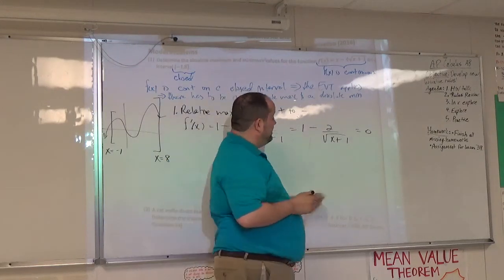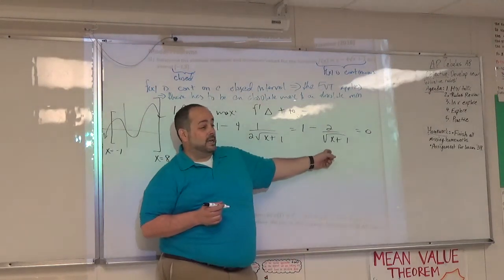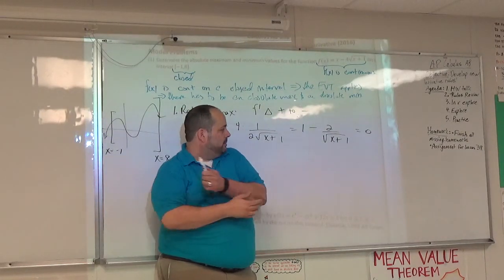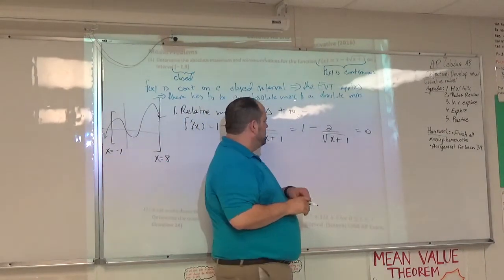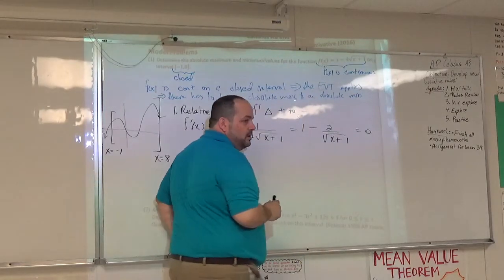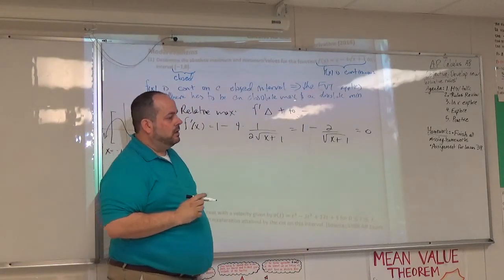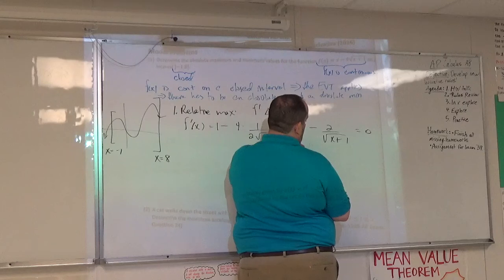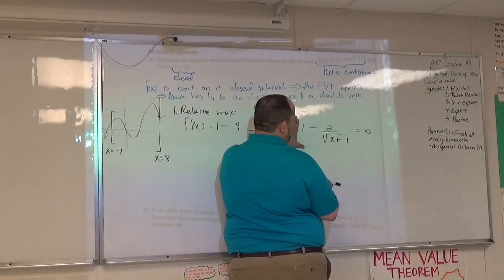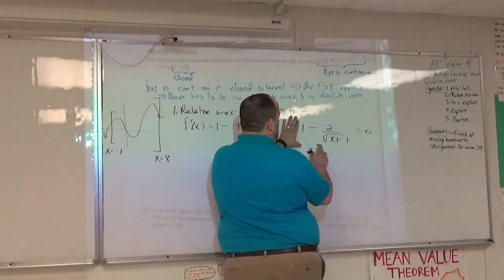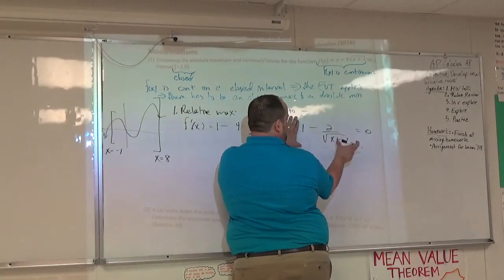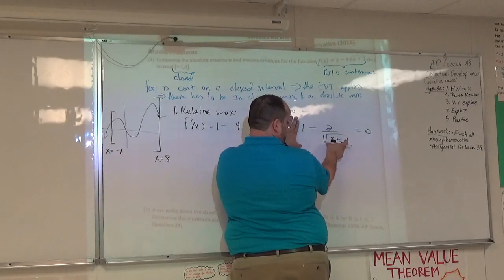And now we're going to solve this. I need some clever algebraic thinking here. Lots of ways we could do this. Aaron, what's one idea? You're kind of looking, all right, so you're saying if the denominator is equal to 2, what happens?